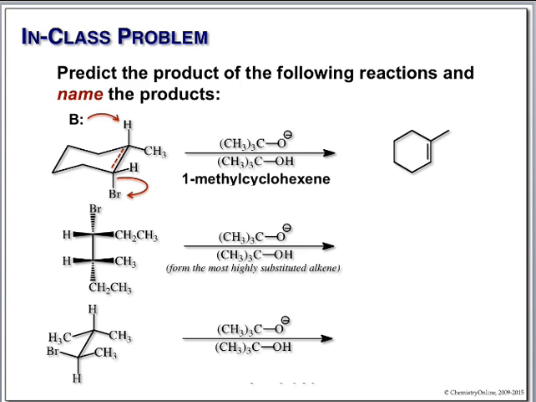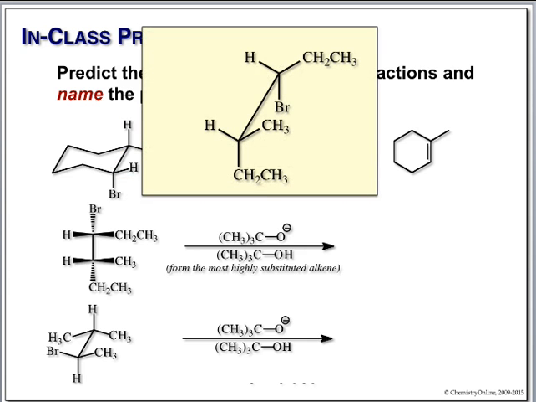All right, our sawhorse here should look like this. Ethyl and hydrogen up, hydrogen and methyl up. Step 2, we have to rotate the front carbon so the hydrogen and the bromine are in the same plane. Rotation would look like this. Once again, going backwards.